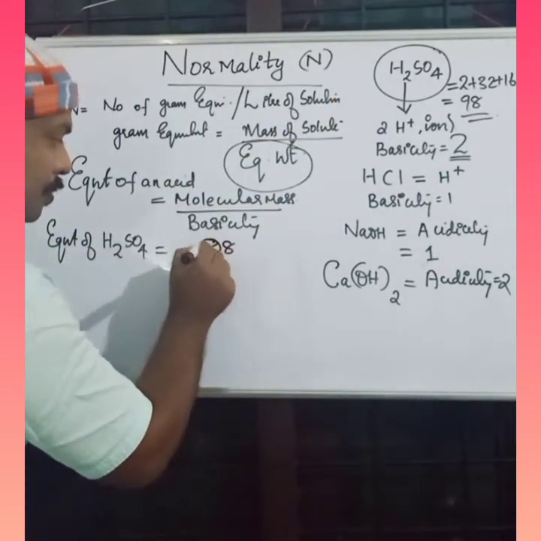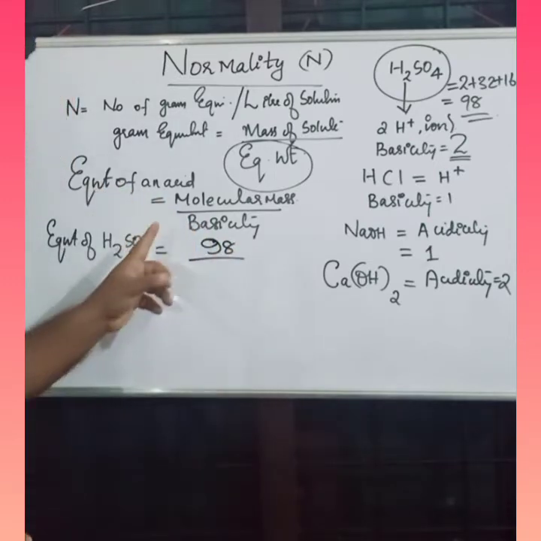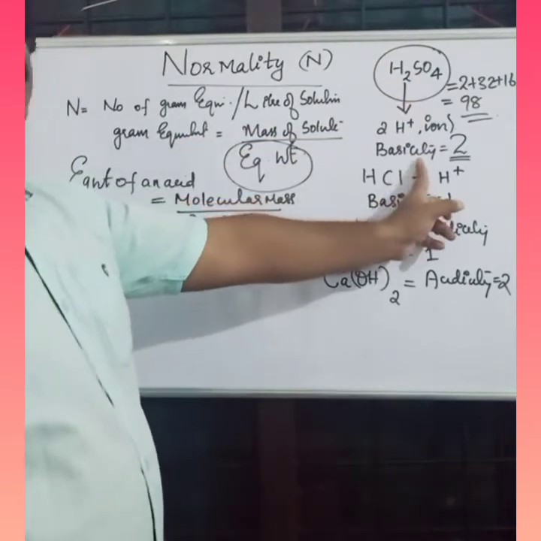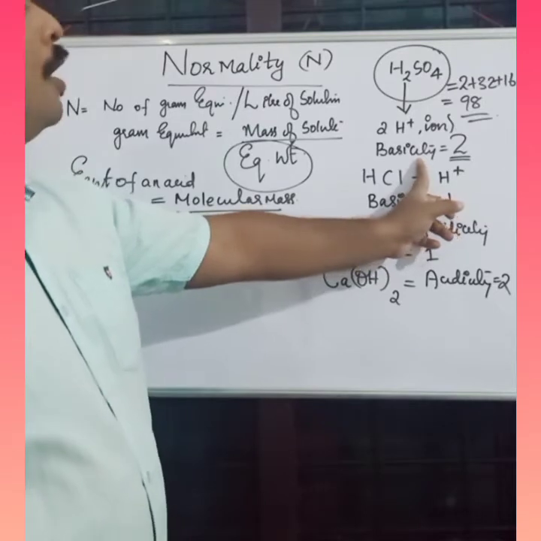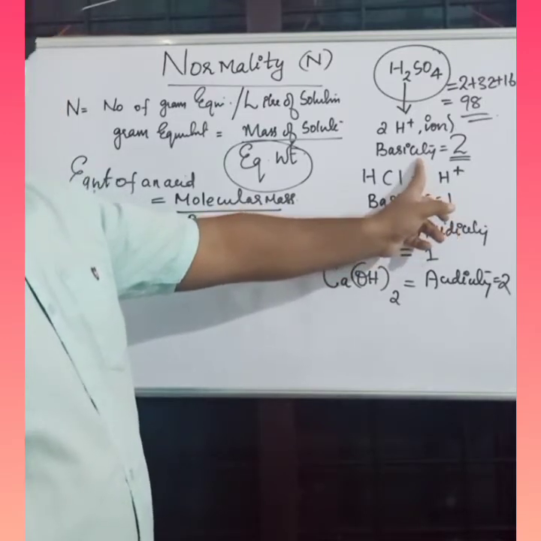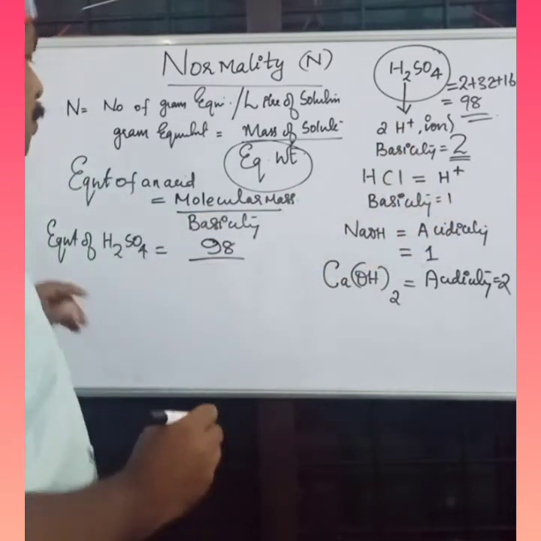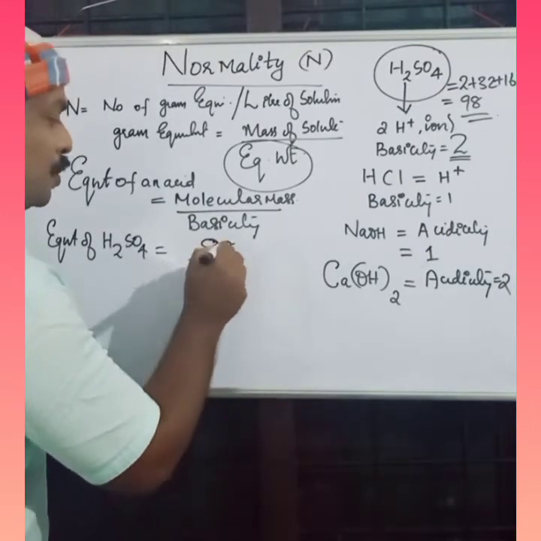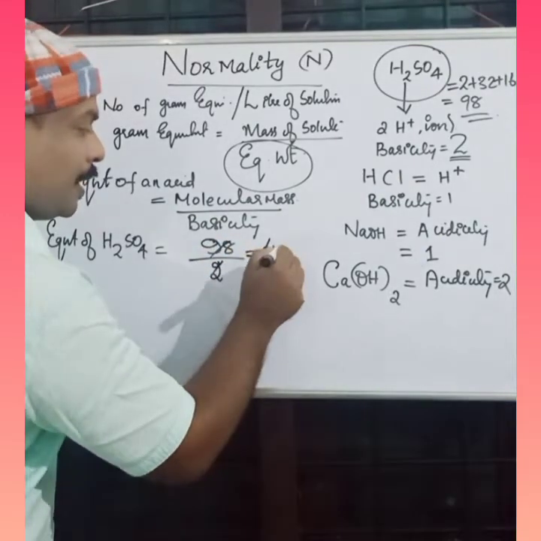Divided by the basicity of sulfuric acid, which is equal to 2, because sulfuric acid is a dibasic acid. So 98 divided by 2 is equal to 49.